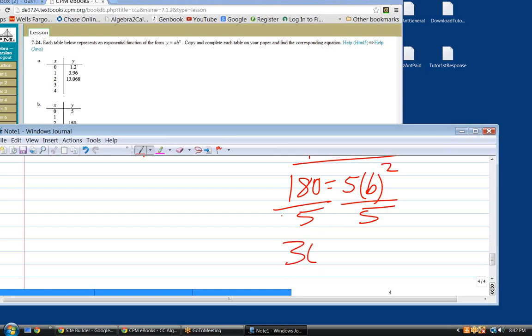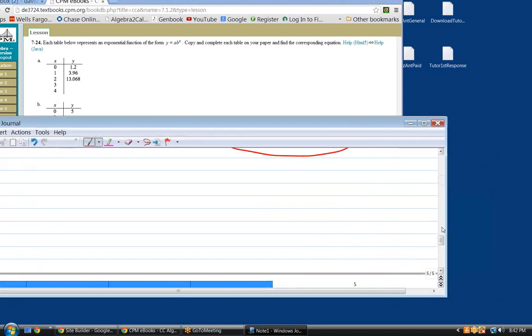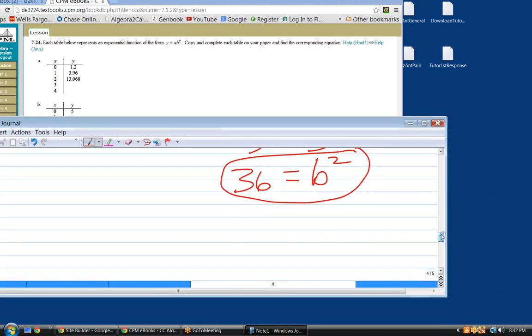Okay, that's 36 over there. B squared there. Okay, I still don't have b isolated. What do I have to do to isolate b now? Divide by 36. No. Take the square root of both sides. b equals 6.